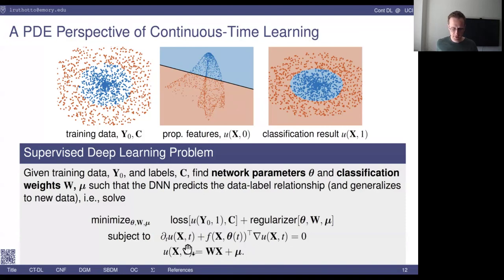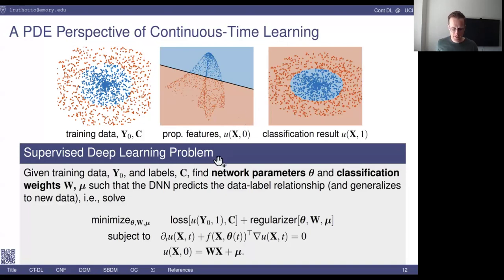So you could think about a function u, which is a scalar function that is like this labeling function. It is now time dependent. And let's say at the initial time, it's just a function that is affine in the input features. Here in the background is this affine function, and then flattened out, which is the typical thing in deep learning, which the softmax transformation or logistic function would do for you.